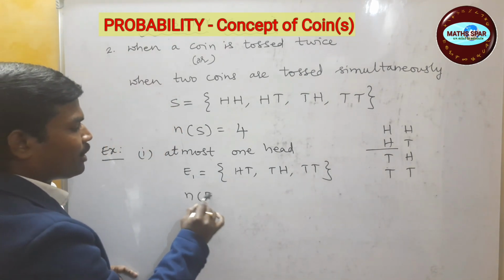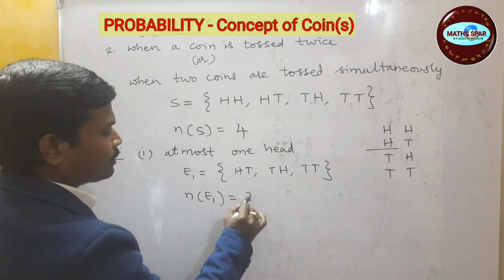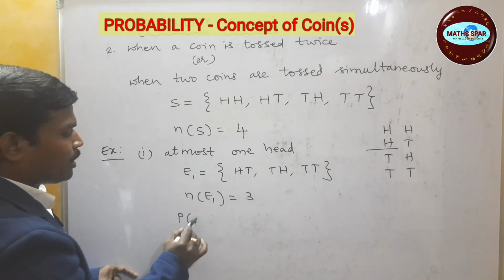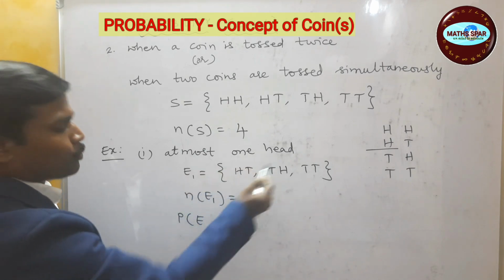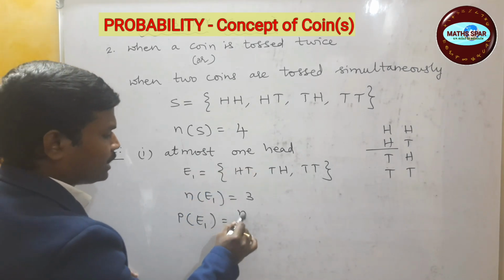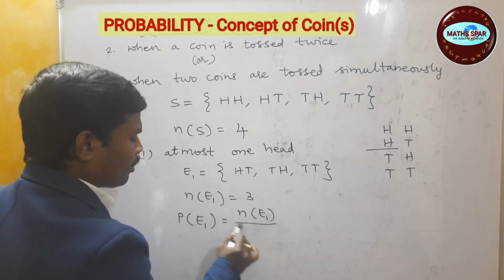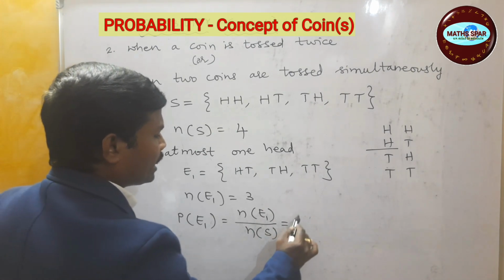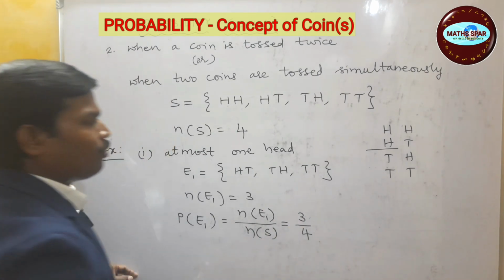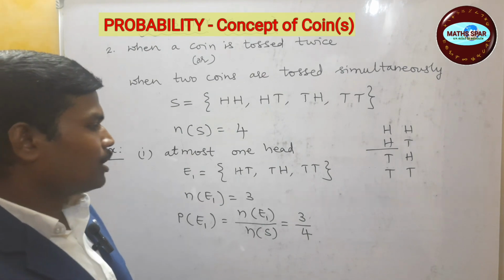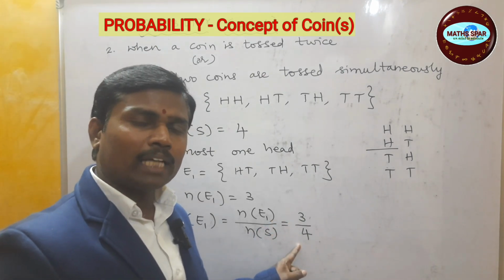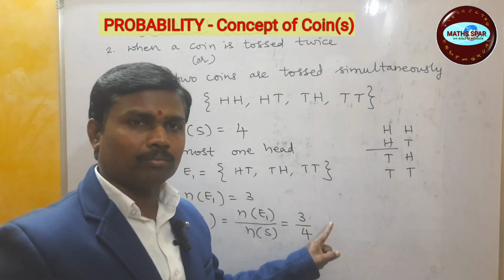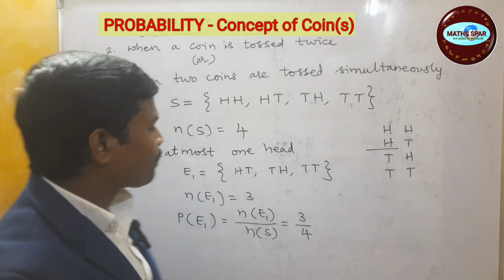So n of E1 is 3. So probability of getting at most one head is n of E1 by n of S, that is 3 by 4. You can also write this 3 by 4 as 0.75. Nothing wrong.